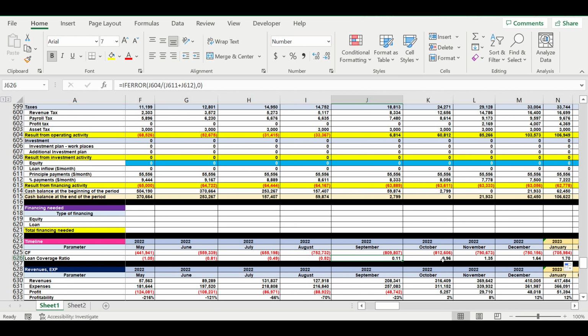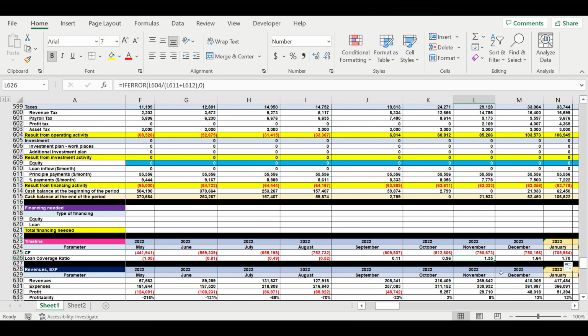So now we can see how the loan coverage ratio is growing. This means that in these two months we do have a positive operating profit, but the operating profit is less than the total that we pay to the bank. So this is the operating profit, these are the total payments, and this means that we have to put some additional financing from our pocket to compensate for this difference between profit and our payments to the bank.